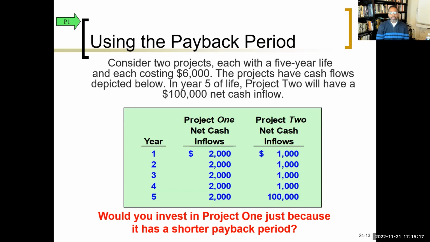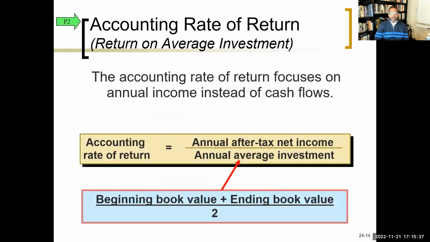However, project number two in 5 years has an explosion of net cash flows of $100,000. So if you're looking at all the years, easily you would pick project two, right? Because it's going to bring back $104,000 instead of $10,000.